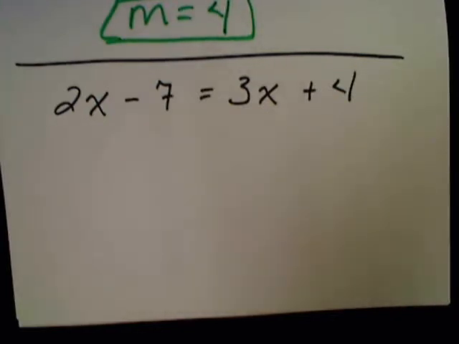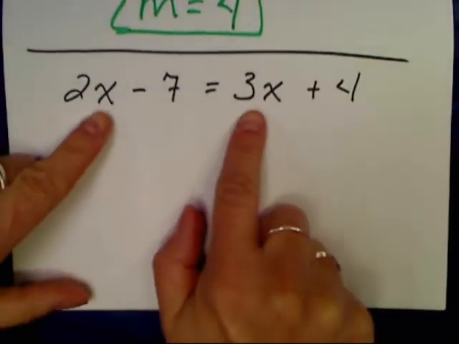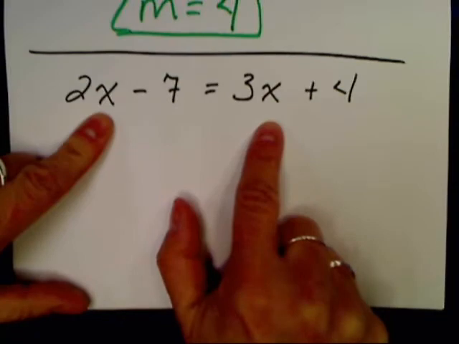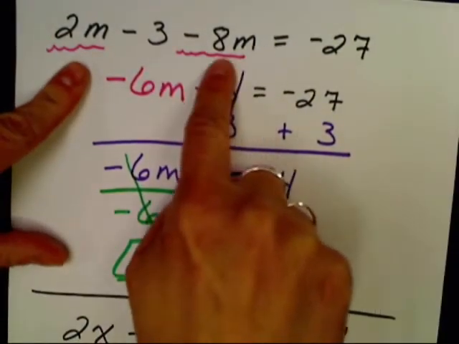Now in this problem, we also have two terms with the variable and two terms without the variable. But here we should notice that the difference is that the terms with the variables are also on opposite sides of the equal sign. On our previous problem, they were on the same side of the equal sign.